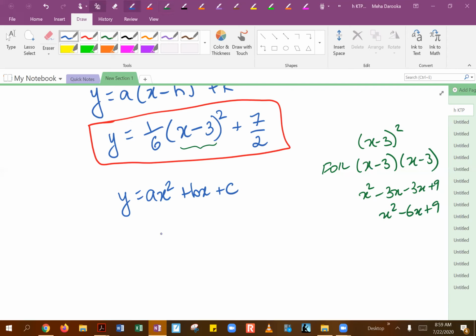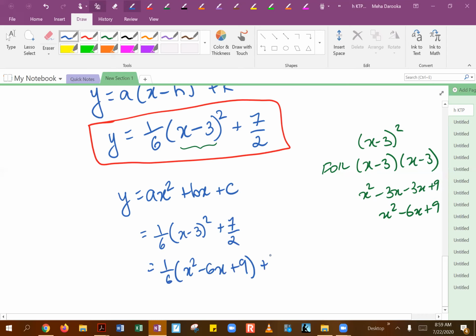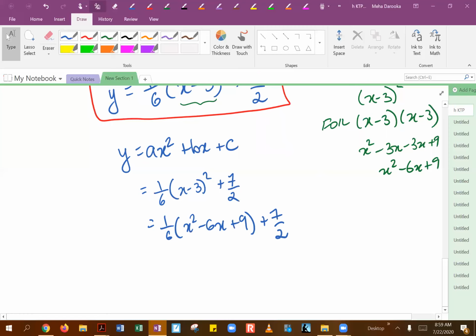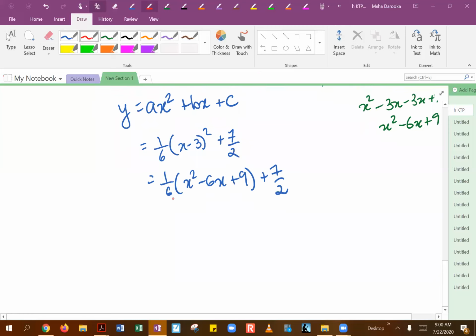Then we would still have the 1/6 on the outside. But for the x minus 3 squared, now replace that with your x squared minus 6x plus 9, plus the 7 halves at the end. And then, of course, we would have to go ahead and distribute that 1/6 inside the parentheses.